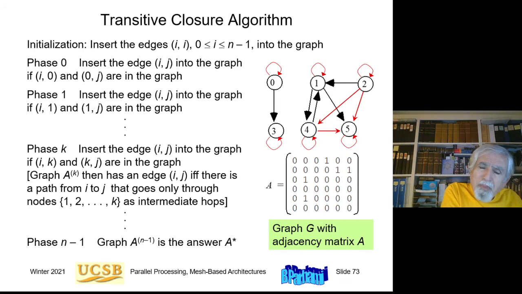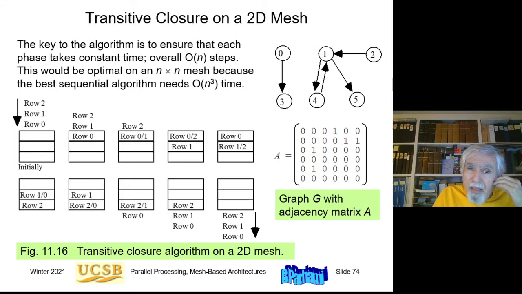This algorithm is much more efficient than the one involving the powers of the matrix A, and I leave it up to you to study it if you are interested. And we can perform transitive closure on a 2D mesh.